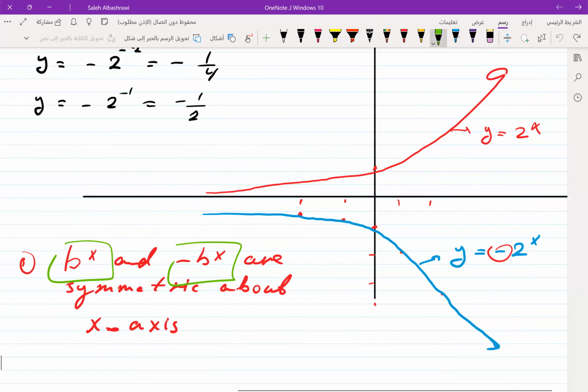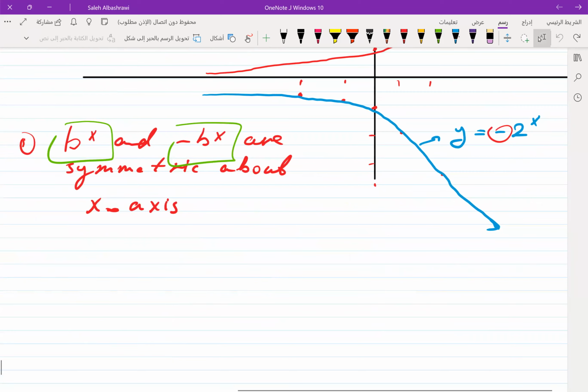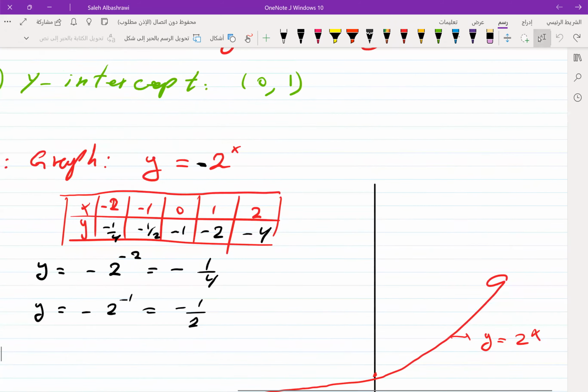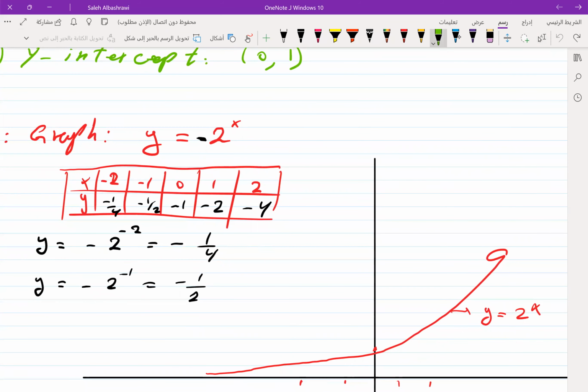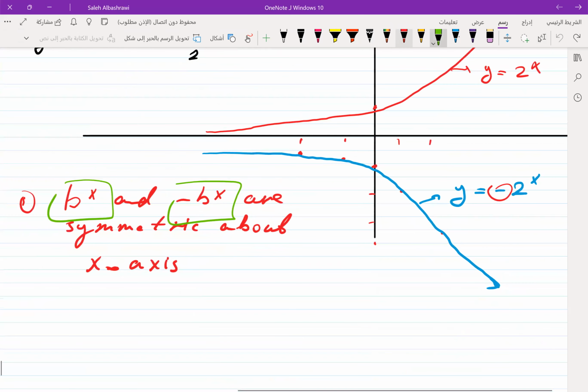Now, what else do we have in this question? Y equal to minus 2 to power x plus something. Since it is not mentioned, it means it is 0. So the horizontal asymptote is y equal to 0. It is this line.